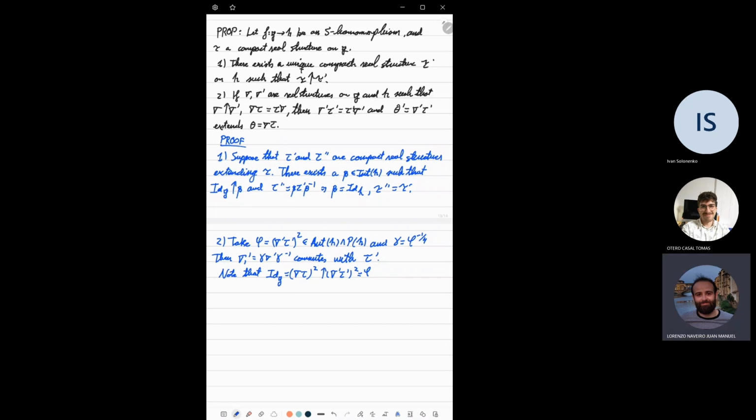Okay, so phi extends the identity, and recall that in the case that phi was a positive definite automorphism, then not only phi, but all powers of phi extend the identity. So in particular, the identity map must extend to gamma. Okay, but gamma is an S homomorphism. Sorry, but F is an S homomorphism, so gamma is the identity map. And this means that in reality, sigma 1 prime is equal to sigma prime, which means that sigma prime must commute with tau prime.